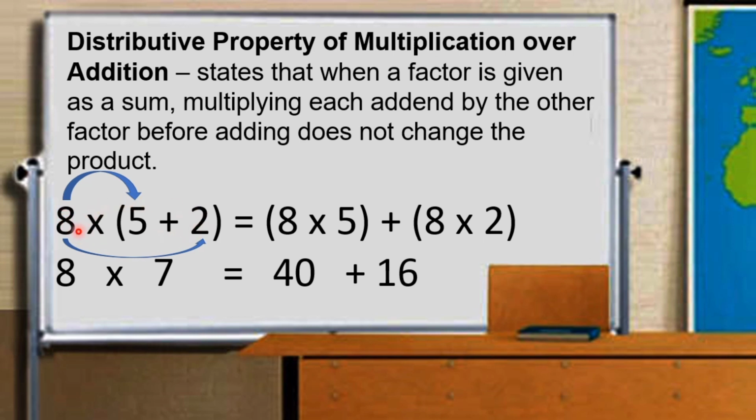Our first expression, bring down 8 times 5 plus 2 equals 7 equals, and then dito sa ating second expression, 8 times 5 equals 40 plus 8 times 2 equals 16. Next, 8 times 7 equals 56, and 40 plus 16 equals 56. So, 56 is equals to 56.